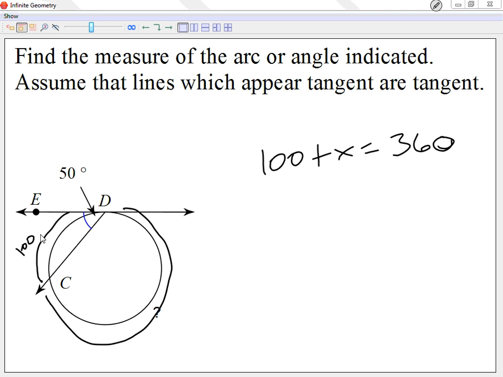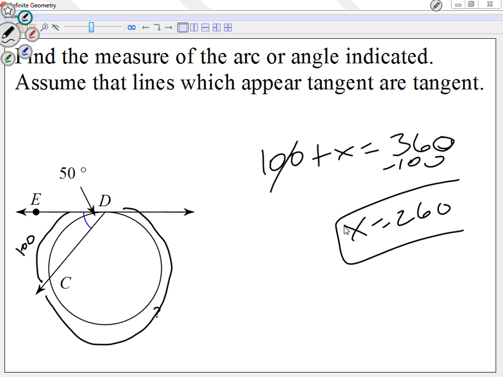This angle, 50, makes this arc. So that's why I call this arc 100, because 50 times 2. So now here, you guys subtract 100 from each side. X, in this case, is 260. The work is not that difficult, but remember, the angle times 2 equals the arc that it creates.